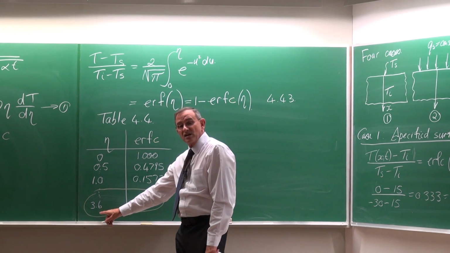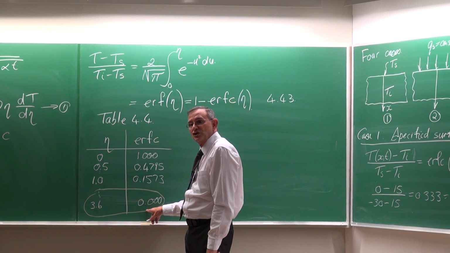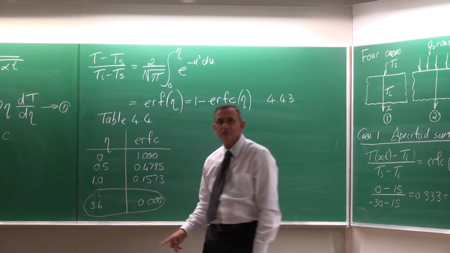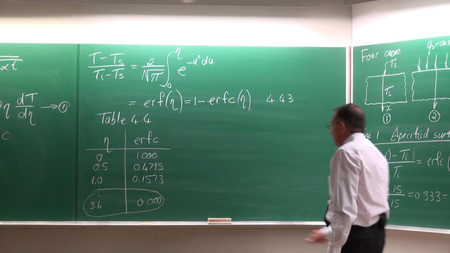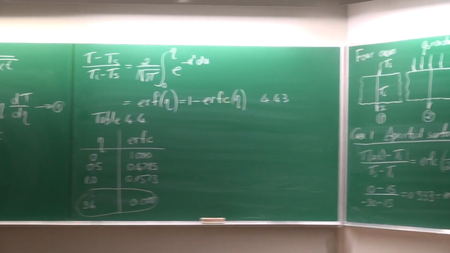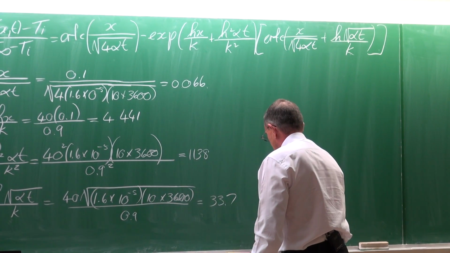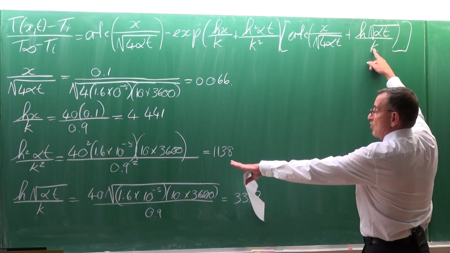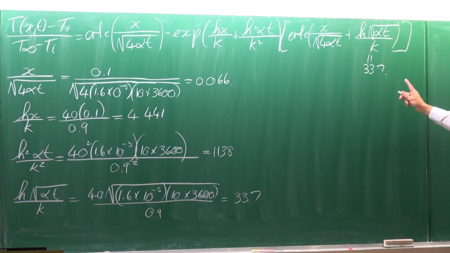If eta is larger than 3.6, then the complementary error function would be 0. Okay? So if we use that and we look at this term, this part is equal to 33.7. You see?